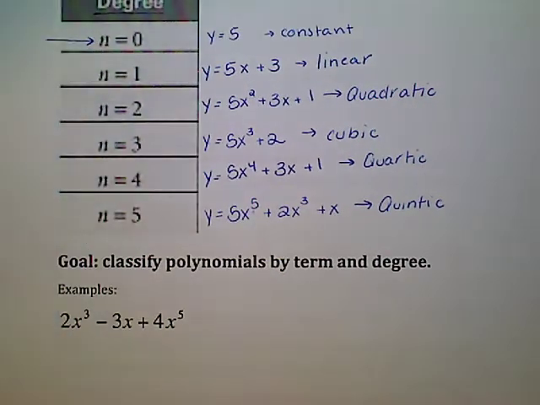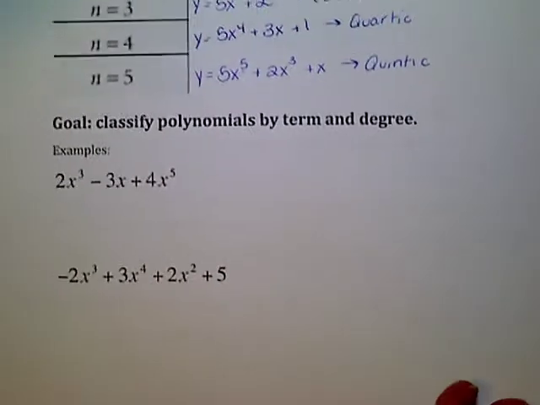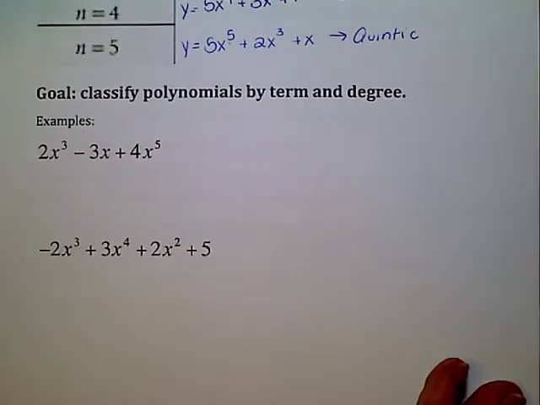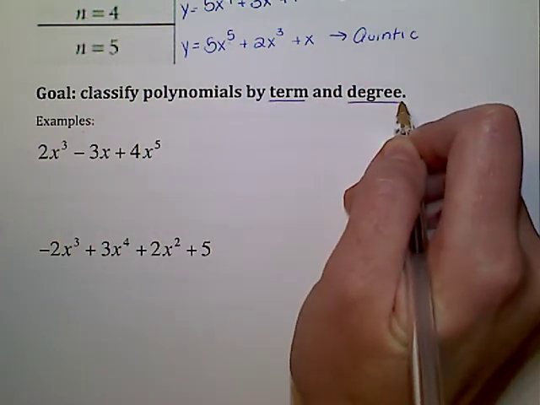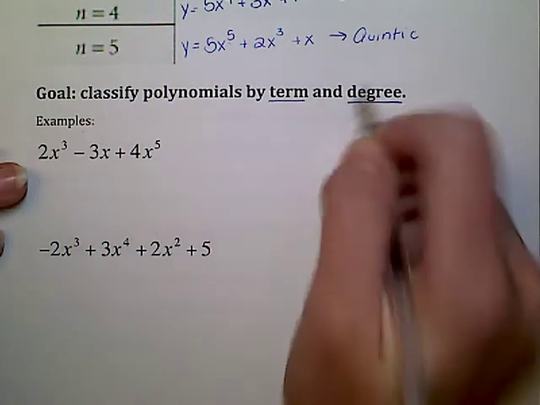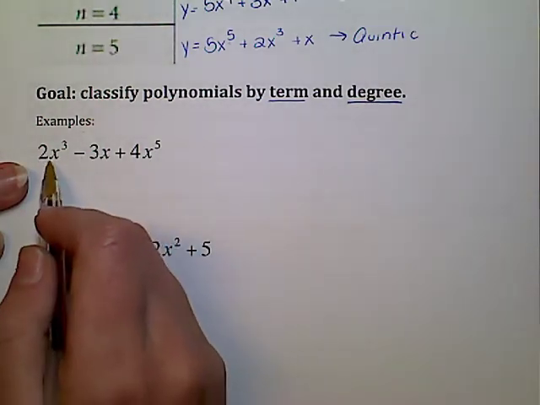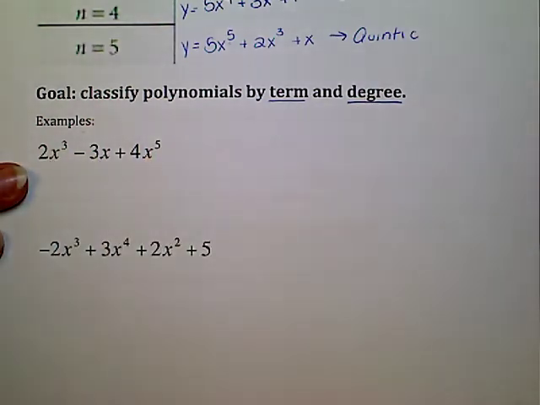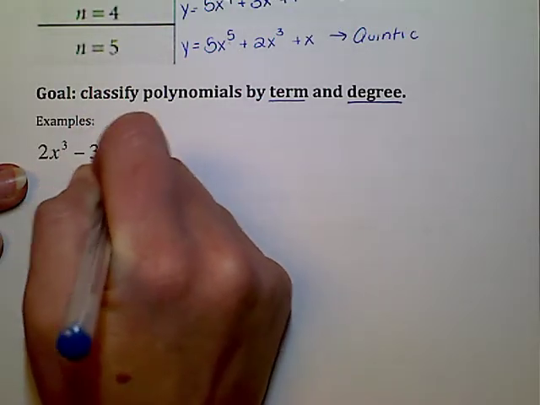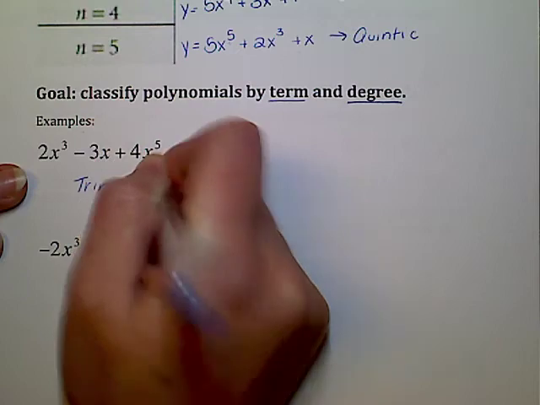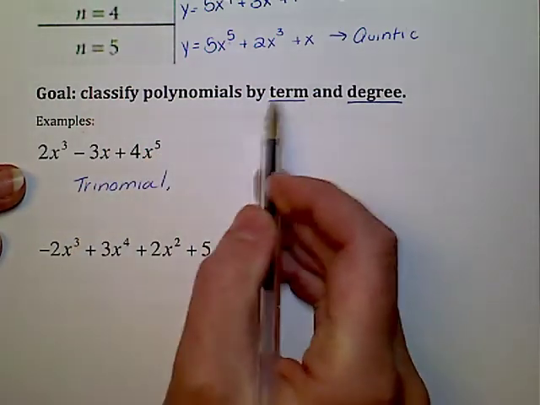So one thing I want us to be able to do is look at an expression and classify the polynomials by the number of terms, but also by its degree. So if we look at this first example, this has 1, 2, 3 terms. So that is going to be a trinomial. That's by the number of terms.